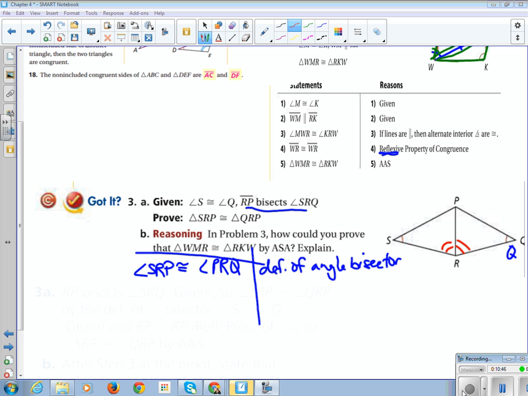All right, so what other piece of information do we need? We need a side because we want to do angle, angle, side. So I'm shooting for angle, angle, side. I want to show that PR is congruent to PR. Why can I say that? What property can I use to say that? The reflexive property.